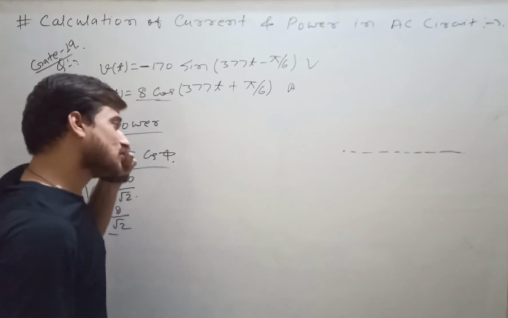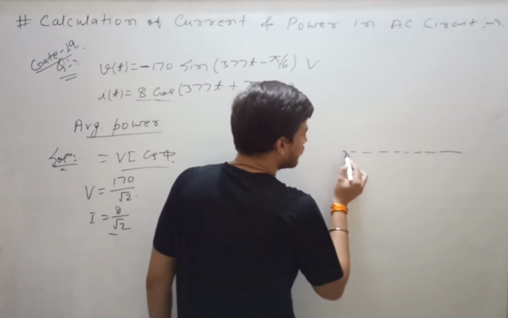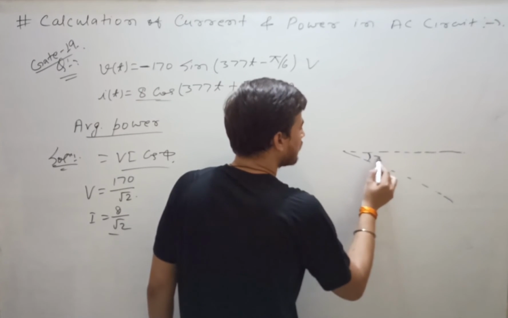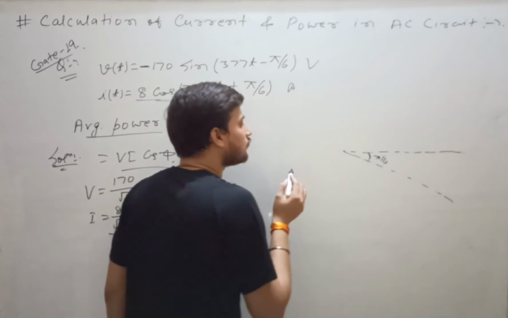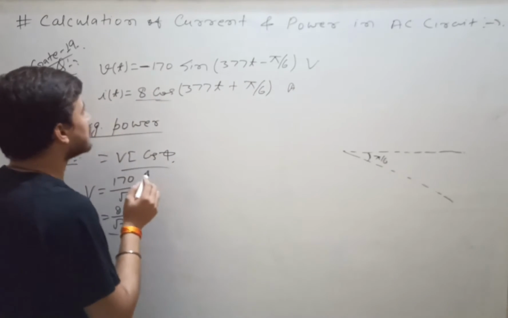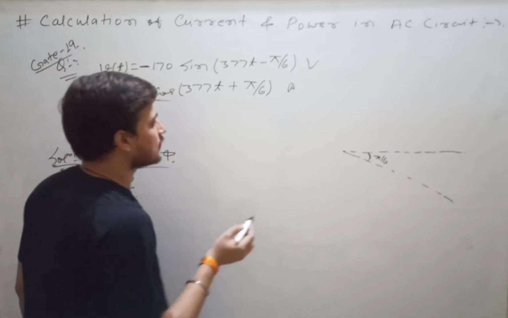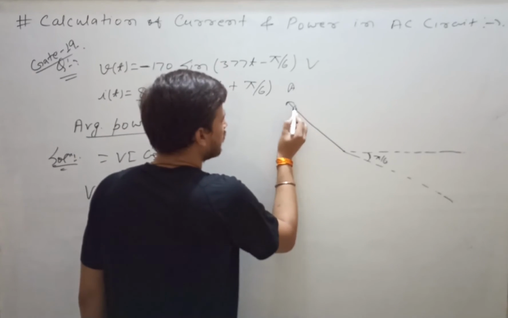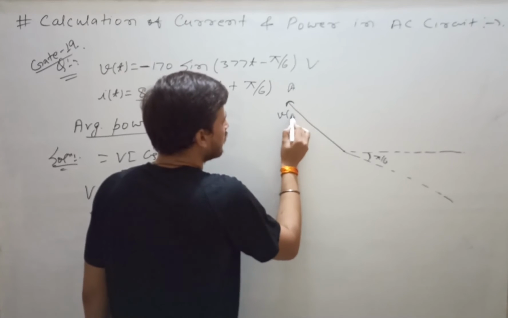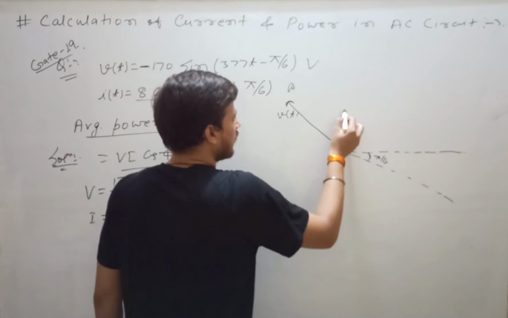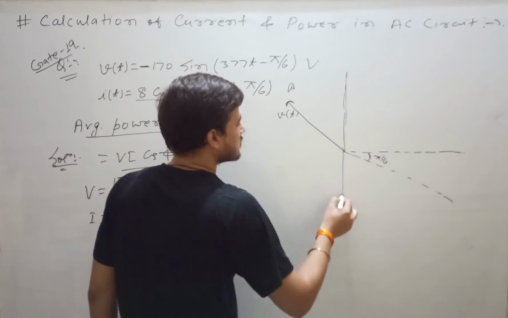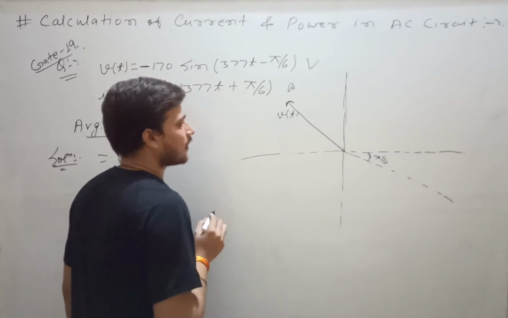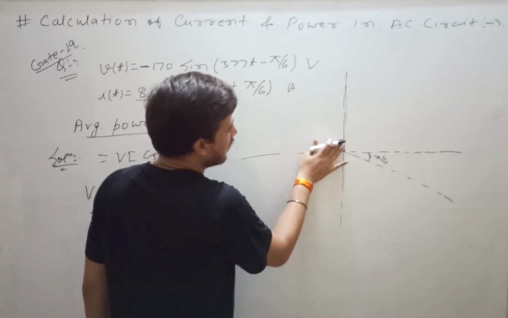Minus pi by 6 means the angle will be here, minus pi by 6. Now if you are taking the minus of this, your voltage phasor will lie somewhere here. This is the minus part.